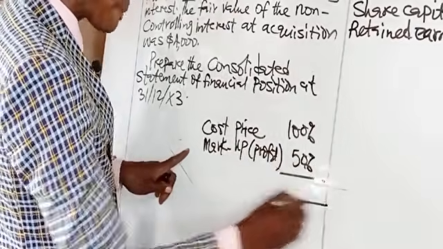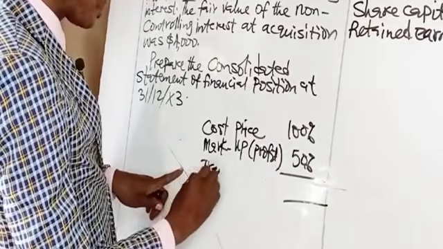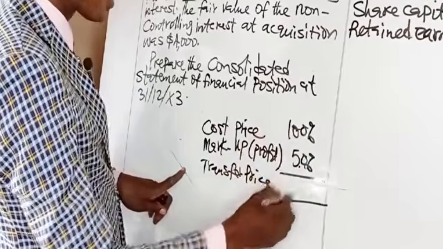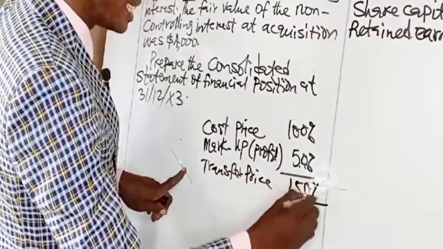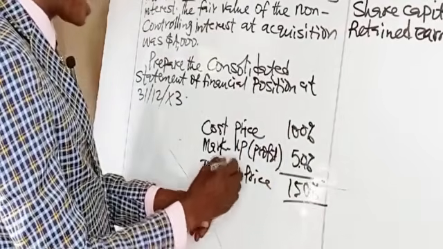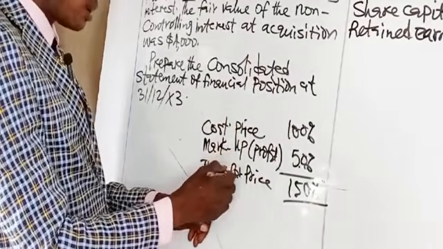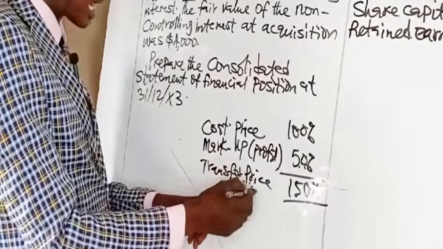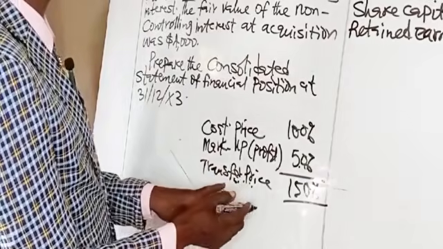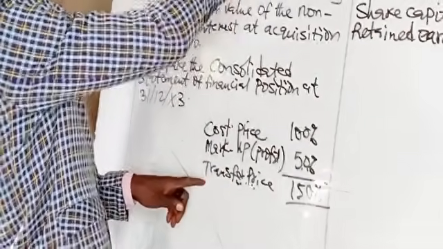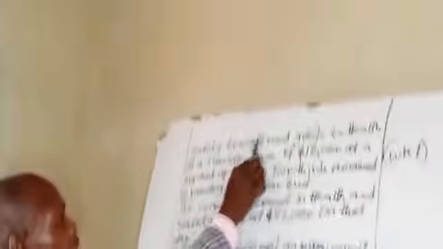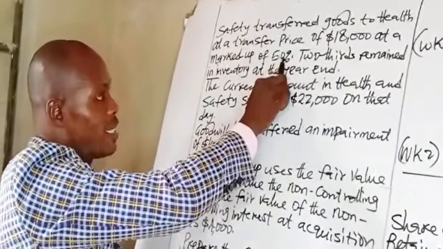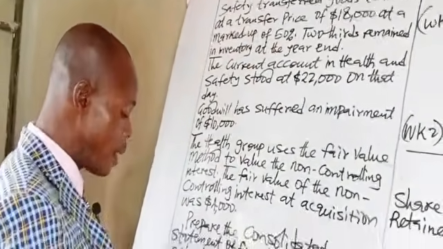That means the transfer price will be 100 plus 50, which is 150%. This is the transfer price, which is cost price plus profit, equal to selling price. Another word for transfer price is the selling price. Now the transfer price is 18,000 and you want to determine the markup, the profit, so the unrealized profit.